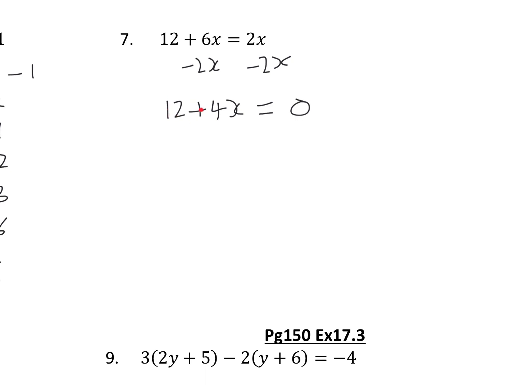We then want to get rid of this 12 because it's on the same side as the x, so we take off 12 from both sides. On the left we get 4x, on the right 0 minus 12 is minus 12. You then divide by the number of x's, which is 4. Minus 12 divided by 4. 12 divided by 4 is 3. A negative divided by a positive is a negative.